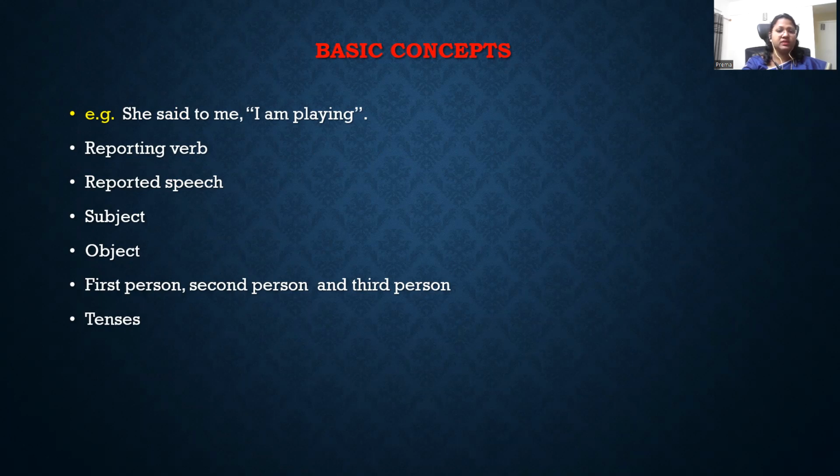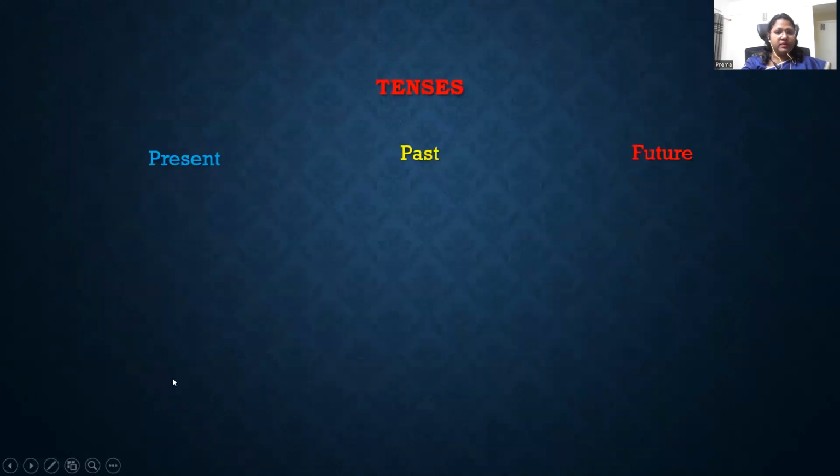What is the second person and third person? And what is the tense? All these basic concepts we should know before changing direct to indirect speech. We should also know tenses, because the sentence can be given in present, past, or future, so we should be thorough about the tenses.